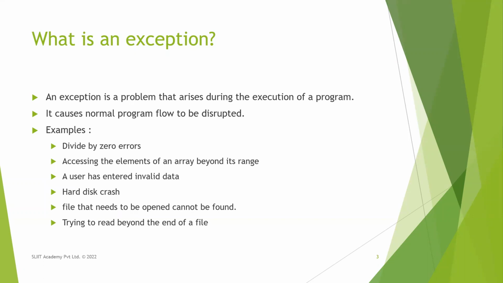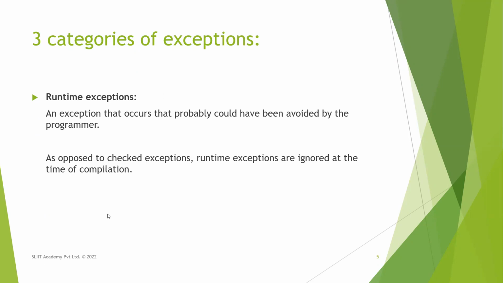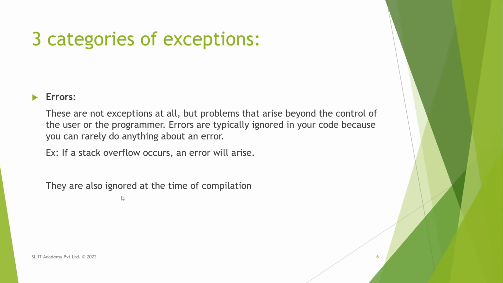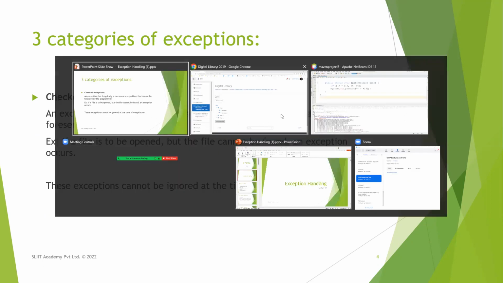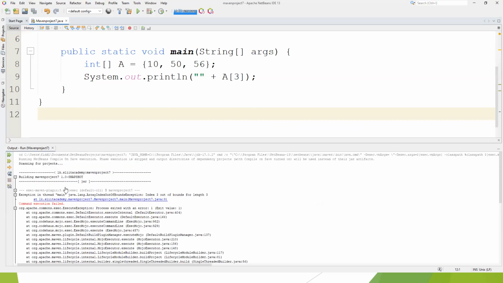You can't do anything about it. These are hardware level failures, network failures, power failures. Those things we can't handle. That is why these are real errors. So for the third category we can't do much, but for the first two categories we should be able to display some kind of message to the user rather than showing a lengthy error message like this.